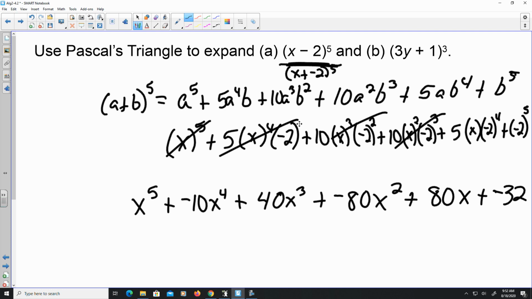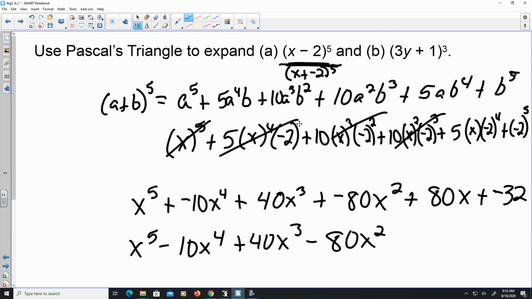So last thing I would do is anywhere there is a negative, I'll just put that as subtraction. So my answer would be x to the 5th minus 10x to the 4th plus 40x cubed minus 80x squared plus 80x minus 32.